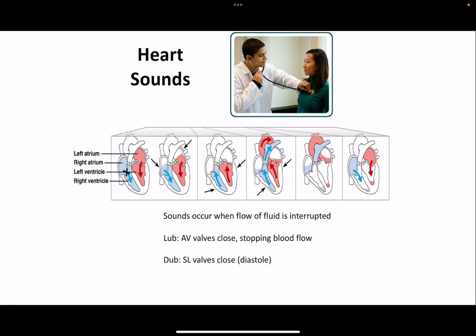Again, lub is the AV valves closing and blood flow is interrupted. The dub is when the semilunar valves close and blood flow is interrupted. And when the semilunar valves close after ejection, that's when we're in diastole. So we've just ejected blood, the semilunar valves close, and now we're going to relax.